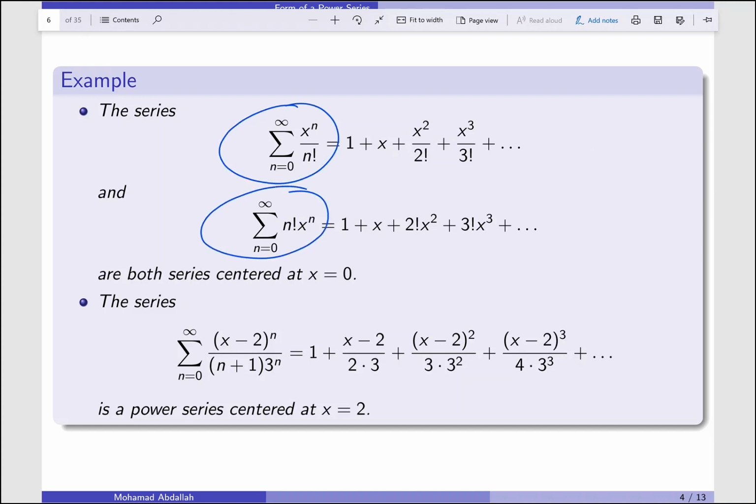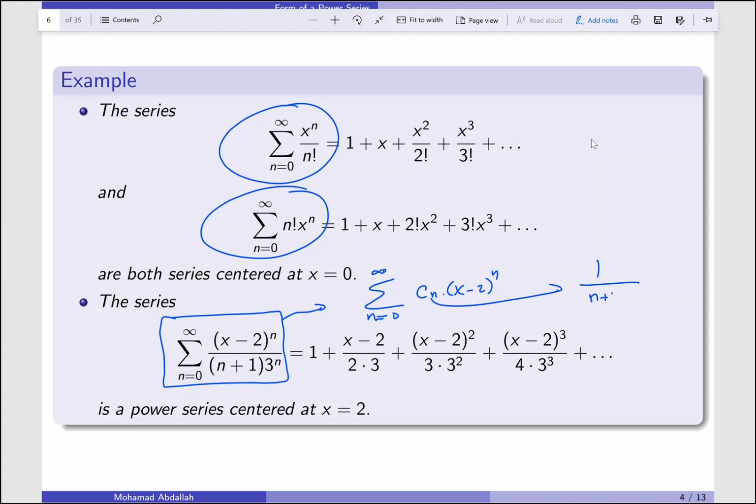This is a power series centered at 0. This one is centered at 2, because it has the following form: sum from n equals 0 to infinity of c sub n times x minus 2 to the power n. So this is centered at 2, where c sub n in this case is 1 over n plus 1 multiplied by 3 to the power n. And then you just expand it in this way.